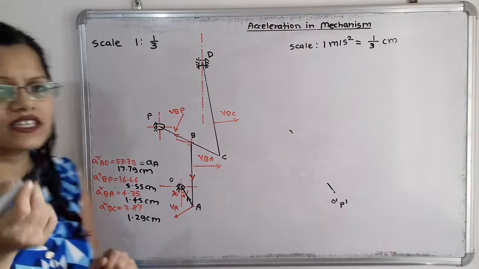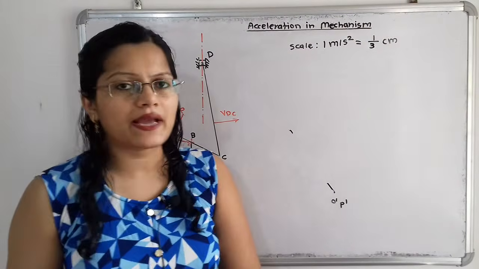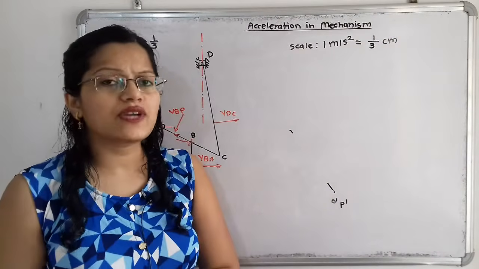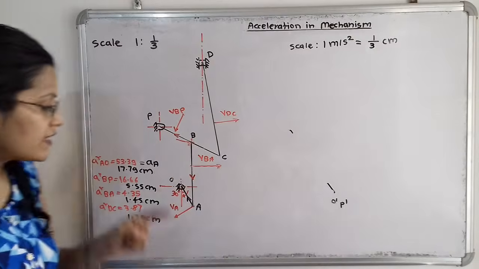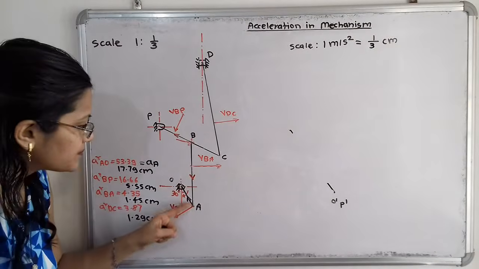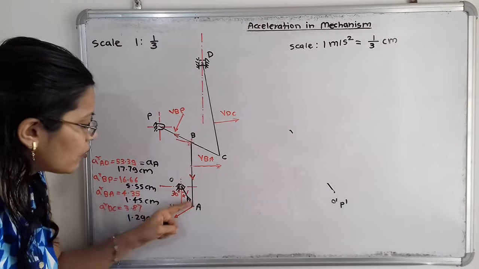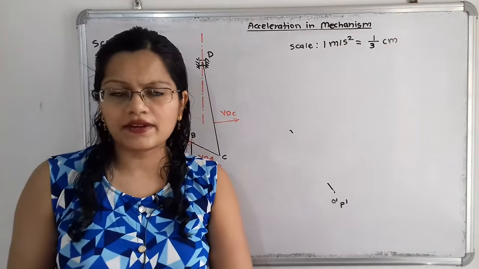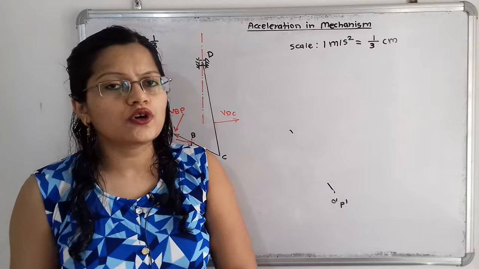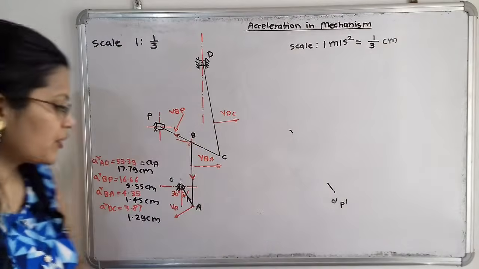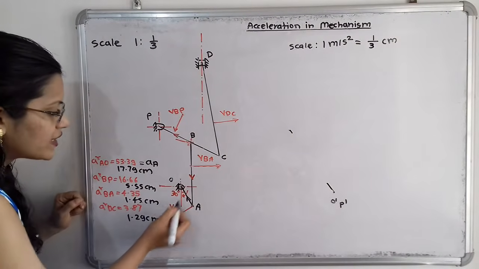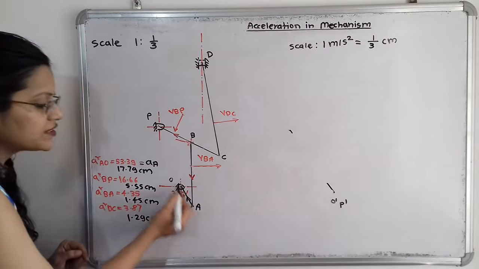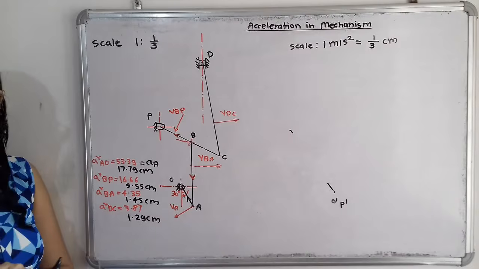This total acceleration I will show with the help of a black marker. We know that this radial component of acceleration we have to show with a line parallel to this crank OA. In which direction do we have to draw the parallel line? We have to show the direction towards the center. Here the point A is rotating about the fixed point O, so we have to show the direction towards the point O, that is in the upward direction.